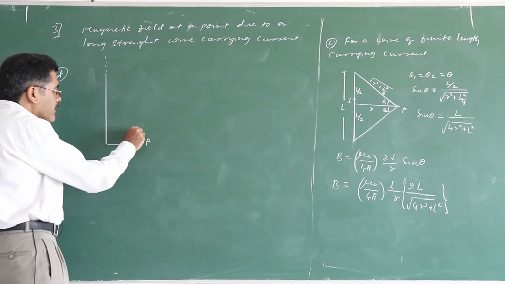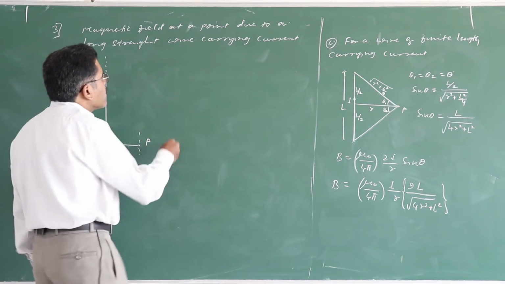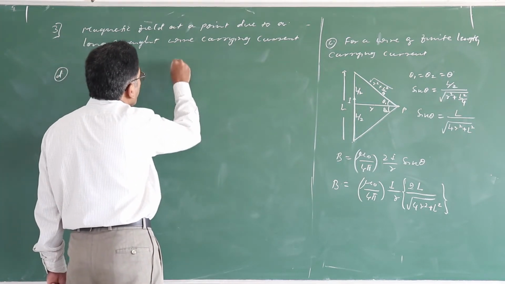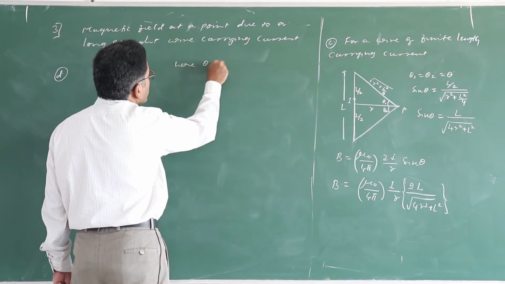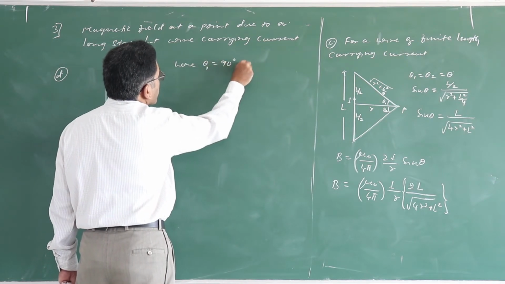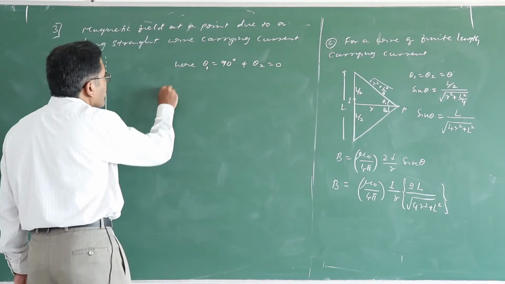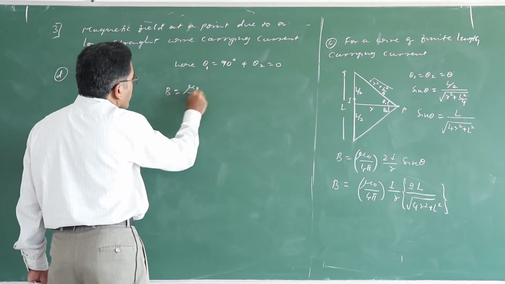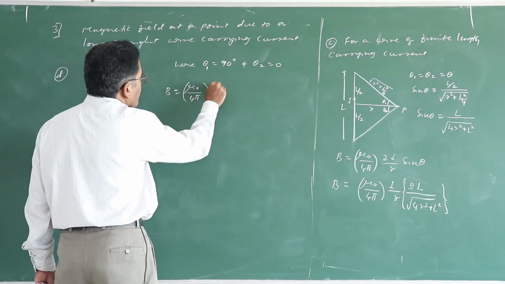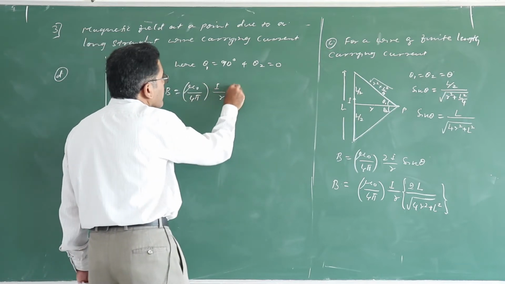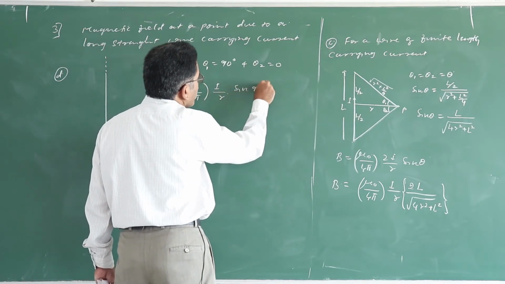So in this case, see here, theta 1 is equal to 90 degree and theta 2 is equal to 0. Therefore B becomes equal to mu naught by 4 pi I by r into sin 90 plus sin 0.